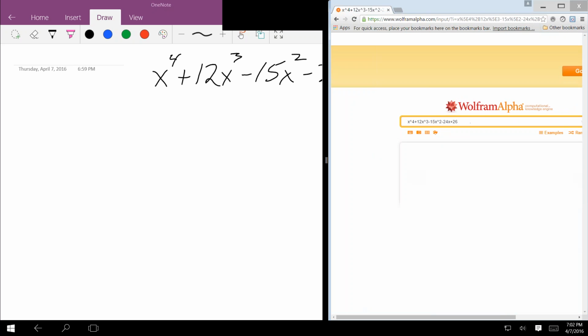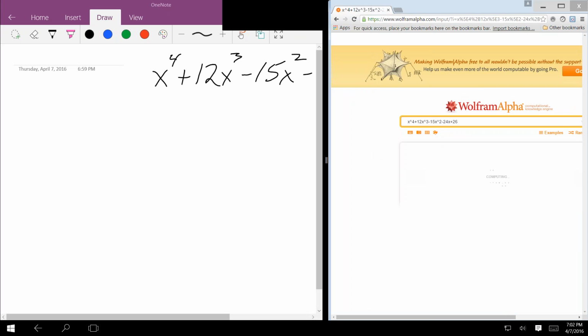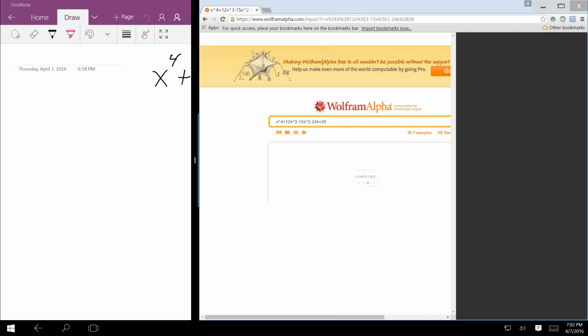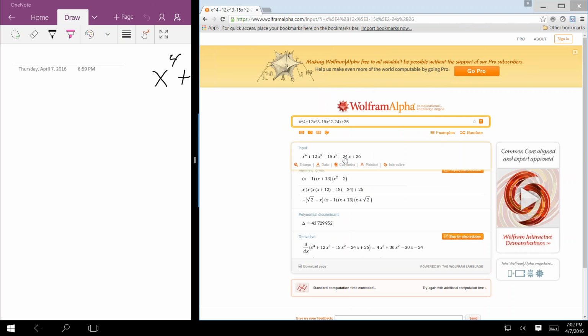Okay. The beauty of Wolfram Alpha is that it tells you what you put in. If you have a TI-84, the TI-84 will not give you this feedback. But if you have a TI-Inspire, it will. Wolfram Alpha also tells you what you input, and I can see that I put it in correctly.